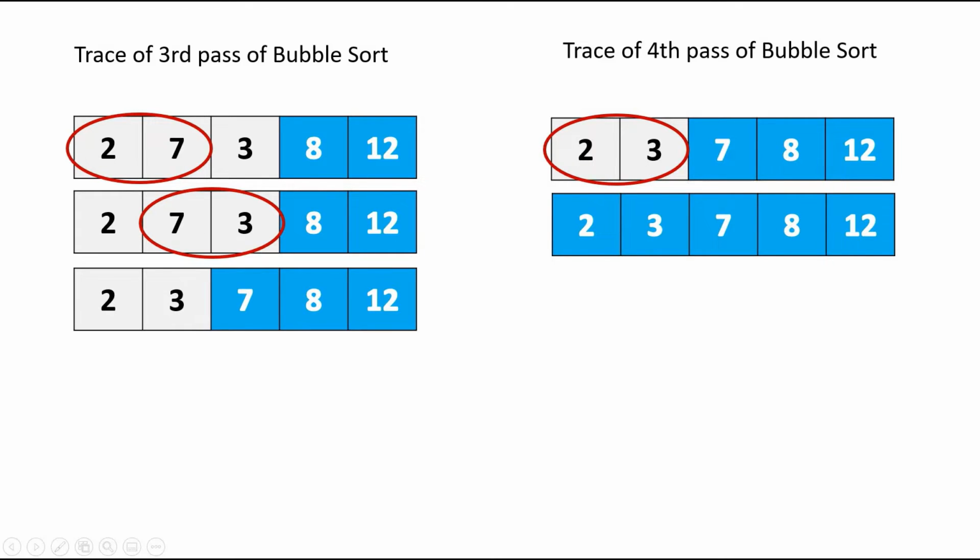So there will be no change, and 2 comes here and 3 comes here. So these two are again in the sorted array. Okay, we know that a single element is already sorted, so we can take this as our sorted list. Okay, right. Let's see the sorting algorithm now.